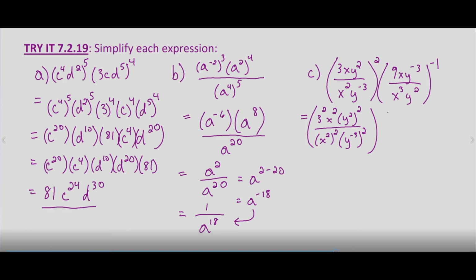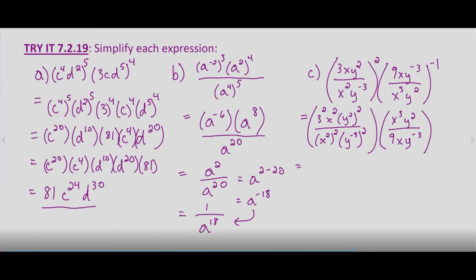And I'm going to go ahead and do what I said first and just change the numerator and denominator. Take the reciprocal, so x cubed times y squared over 9xy to the negative 3, and that's going to be to the first power, so we don't need to put the power out there. Now let's simplify what we have on the left.